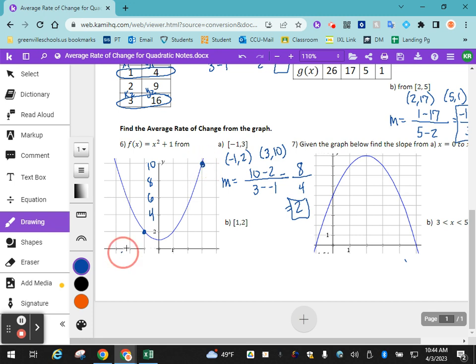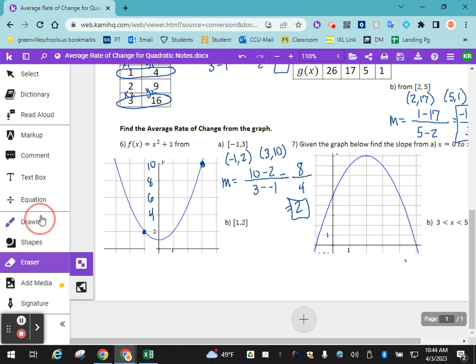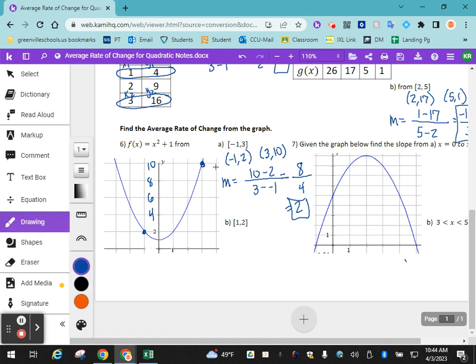So if I was to connect a line, I'm going up 2 over 1, up 2 over 1, up 2 over 1, up 2 over 1 to get to my other point. So I like graphing just because you can see if it's a positive slope or a negative slope. So these points, 1 something and 2 something, 1, 2, 2, 4.